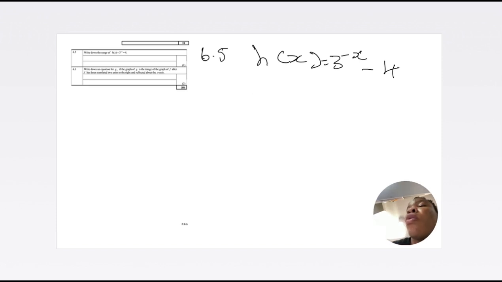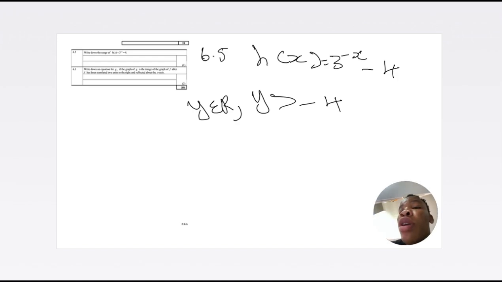So our range here, y, must be greater than, is it negative or positive 4? In this case, it will be negative 4. That's the range of y. y is an element of real numbers, and y must be greater than negative 4.